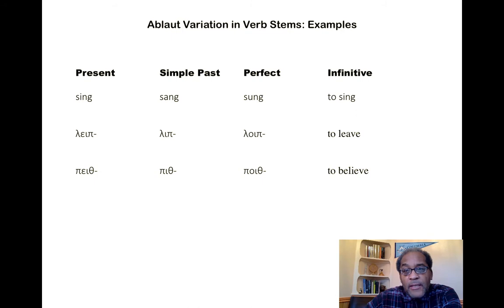And then in the verb to believe in Greek, we have peith, pith, poith. So you see that epsilon iota, simple iota, and omicron iota is a standard set of ablaut variation, which you'll see across verbs.